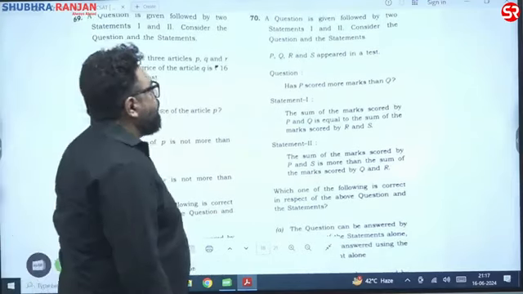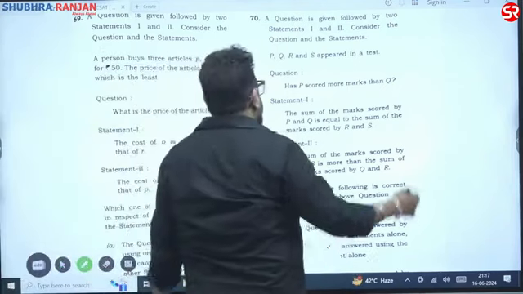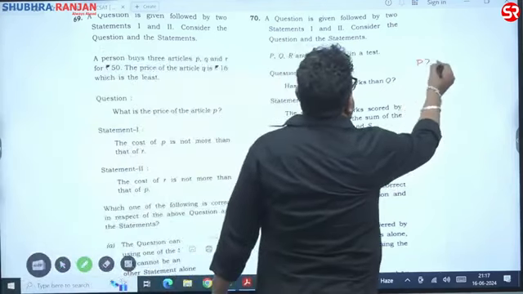P, Q, R, S appear in a test. The question is: has P scored more than Q?